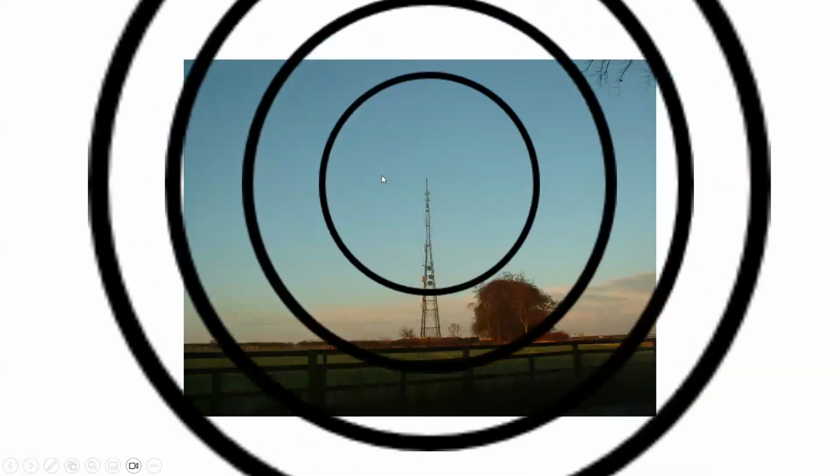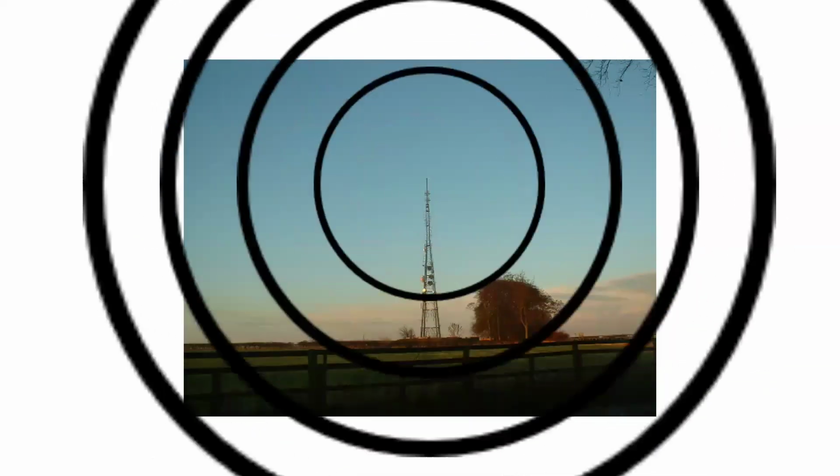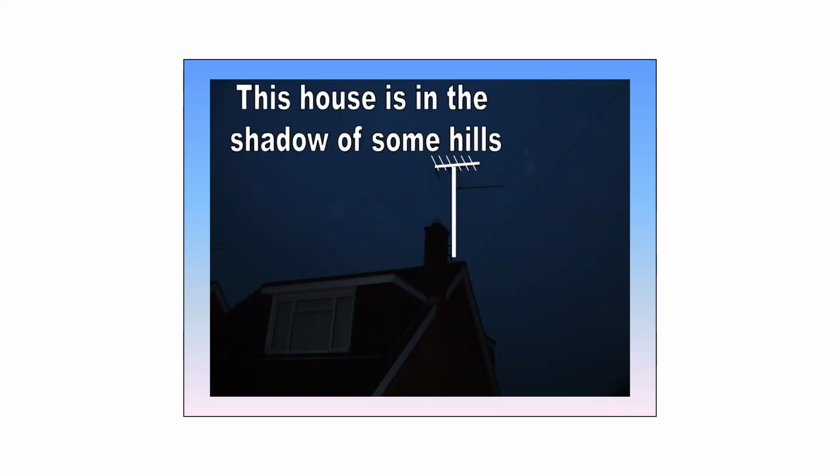This is just an example of using radio waves for communication. A tower is producing radio waves, and here is an antenna placed on top of a house, which is surrounded by tall buildings or mountains.